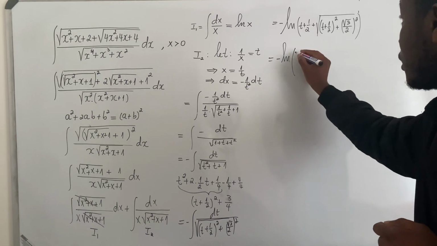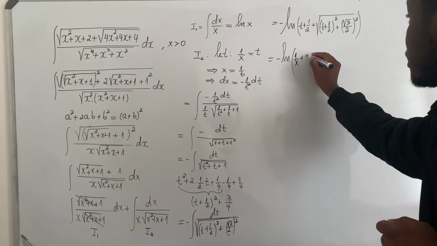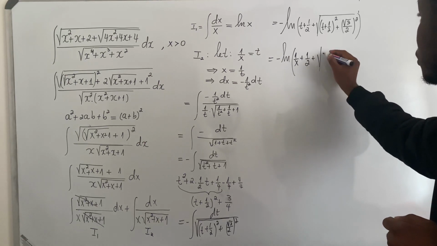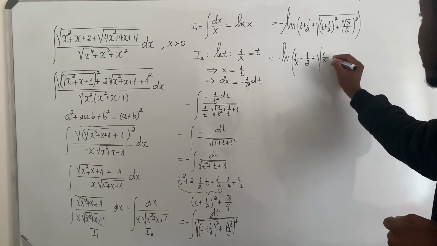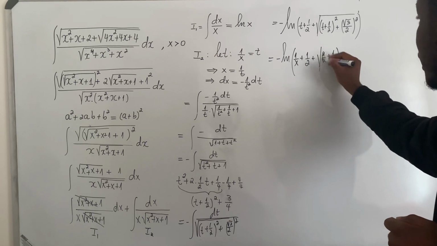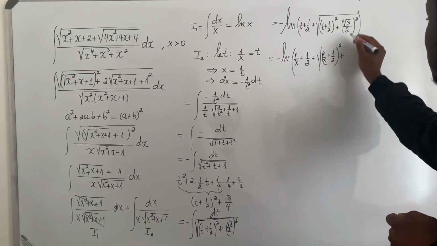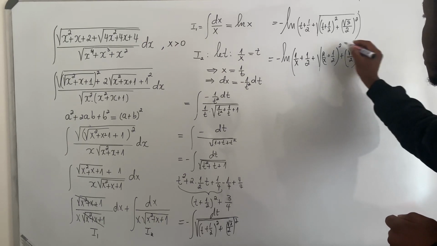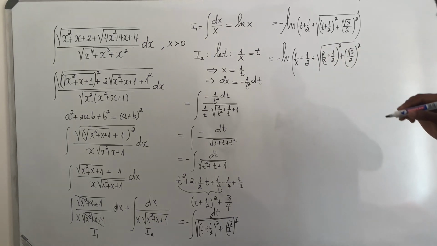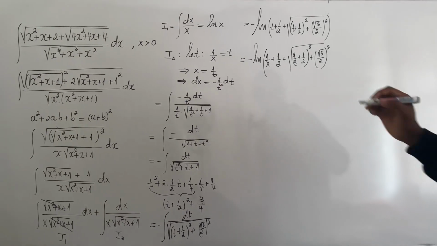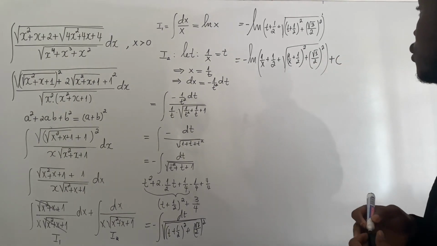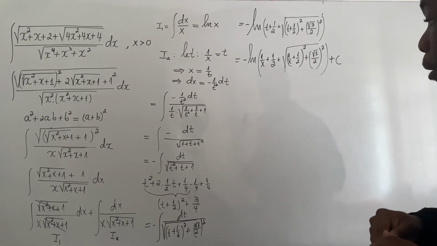So this is going to be 1 over x plus 1 over 2 plus the square root of 1 over x plus 1 over 2 squared plus the square root of 3 over 2 all squared, plus c. This is going to be the solution for our problem.